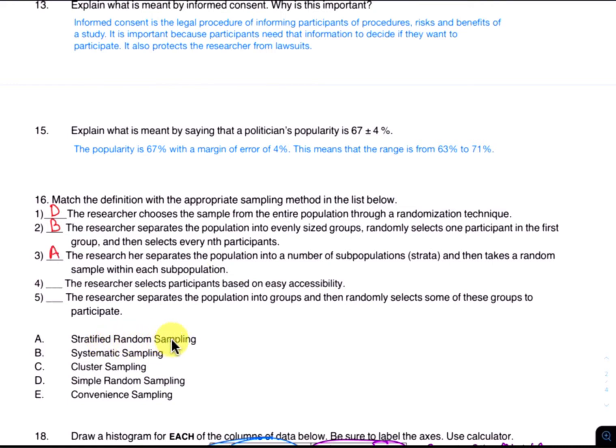That's A. Number 4, the researcher selects participants based on easy accessibility, and that's going to be convenient sampling, E. And then number 5, the researcher separates the population into groups and then randomly selects some of these groups to participate, and that's going to be cluster sampling. So number 5 is C.